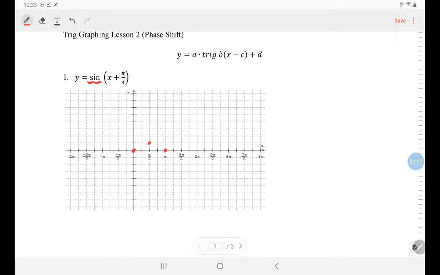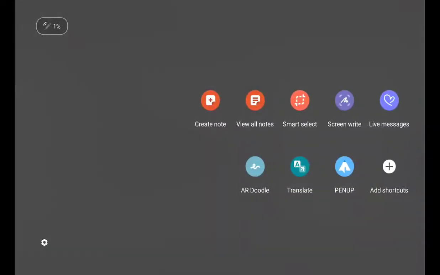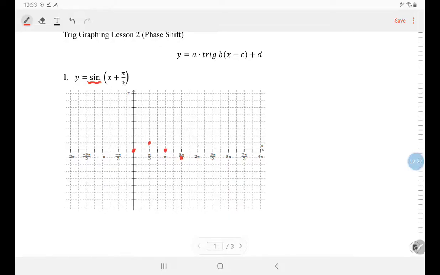And we've been doing this quite a bit, so I'm hoping that you've gotten pretty good at it by now. There is one cycle or one period of the sine function: (0, 0), (pi over 2, 1), (pi, 0), (3 pi over 2, negative 1), and (2 pi, 0).